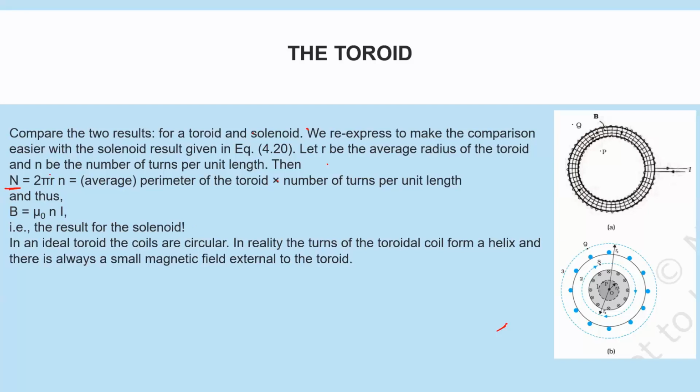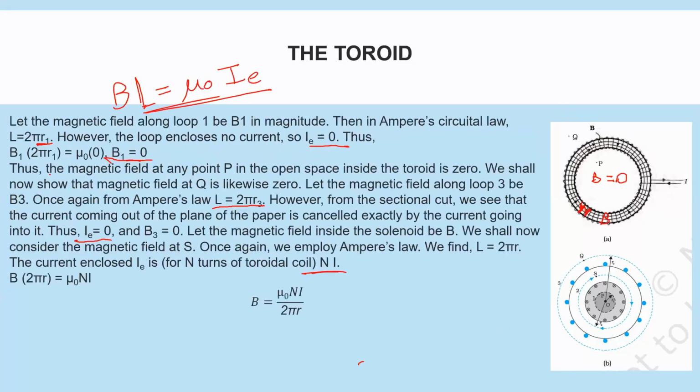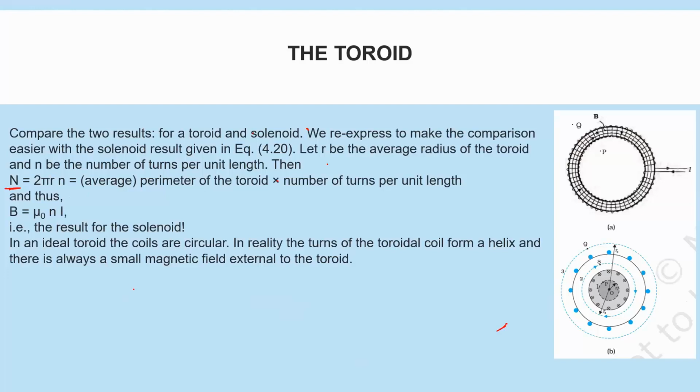So what did we get for the toroid? We got B equals mu 0 N I by 2 pi R. If you substitute the value for N, your 2 pi R gets cancelled. What you are remaining with is the number of turns per unit length, and this is the equation that we had got for the solenoid also.